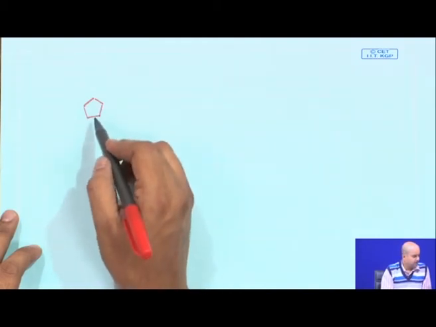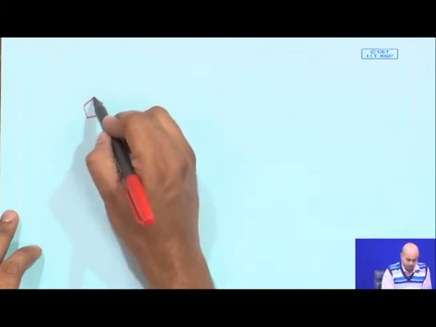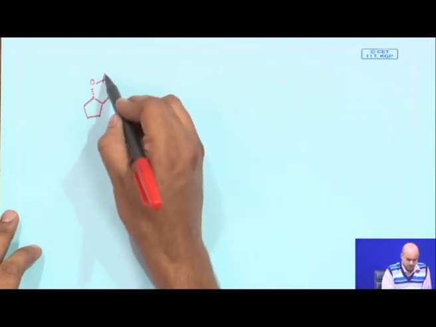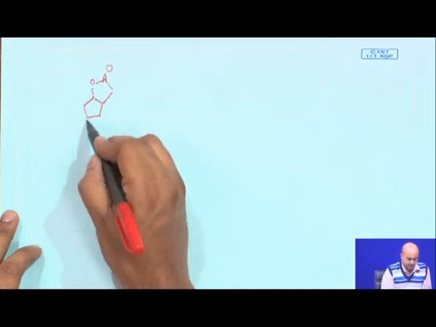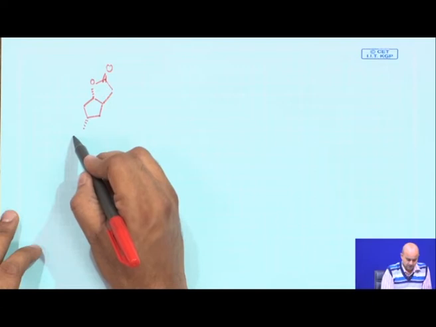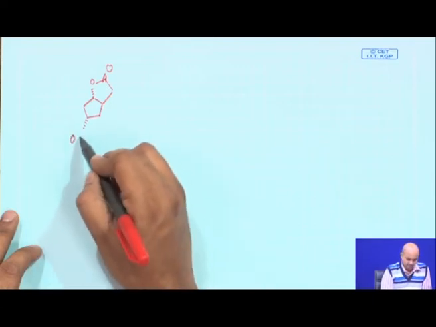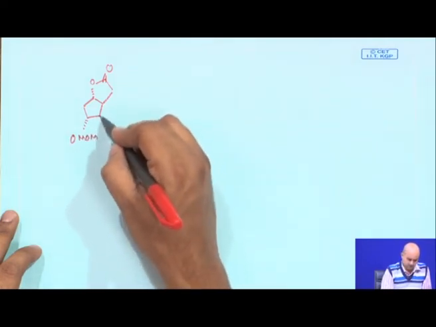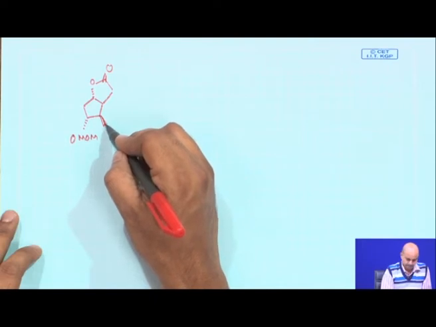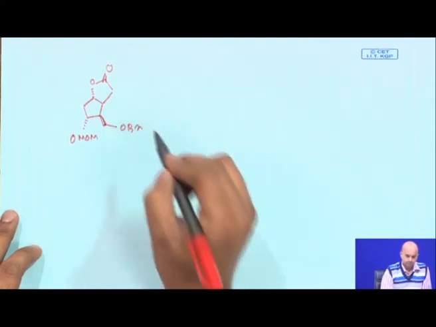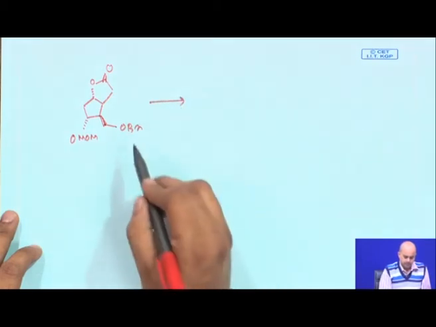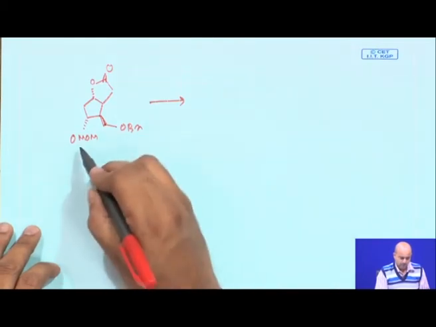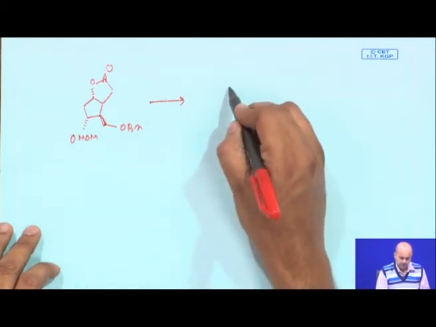We will have a structure something like this, a bicyclic ketone. And then I say you have to convert this compound, with one group as a MOM and another as a benzyl.